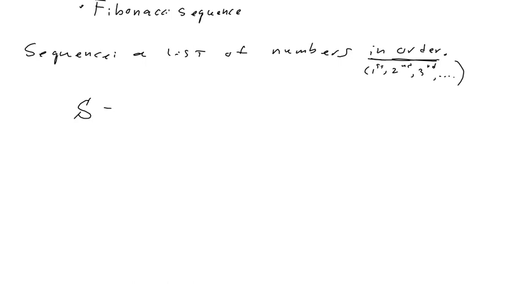We call this sequence a big capital S, a sequence. And we write the sequence in a very particular way. We use subscripts. So we say the first term, the first piece of the sequence, we call that number A1.